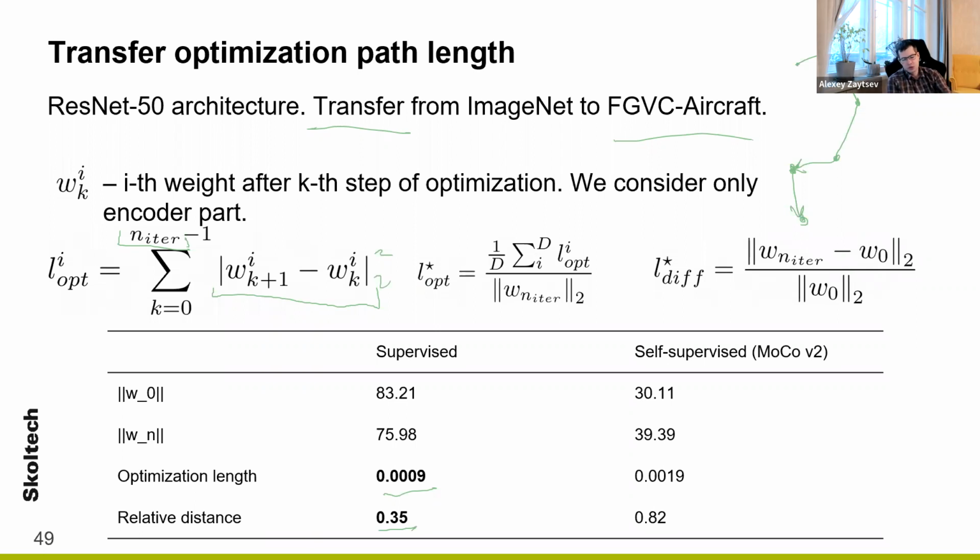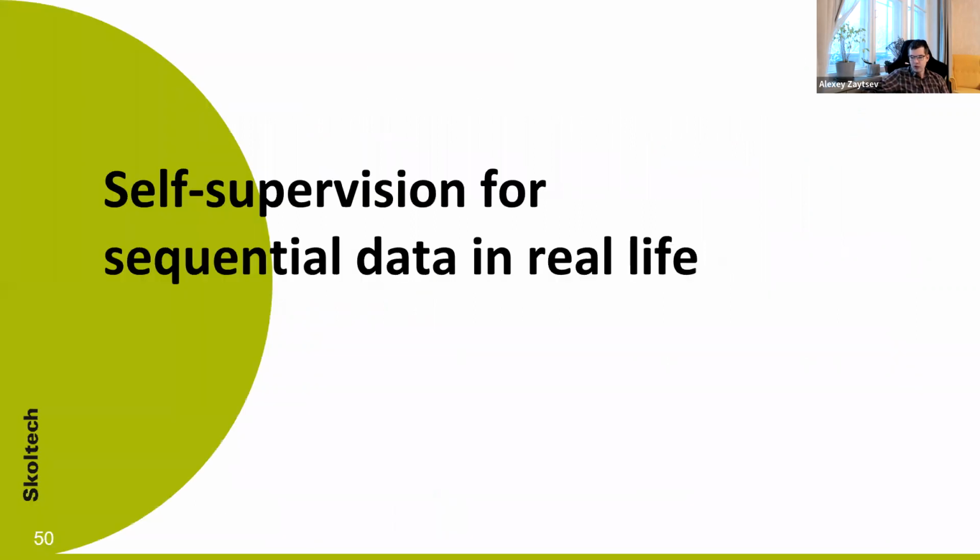At least for MoCo v2, we still have very unstable solutions and very unstable embeddings, and this is not related to self-supervision, but rather to the nature of self-supervised models.